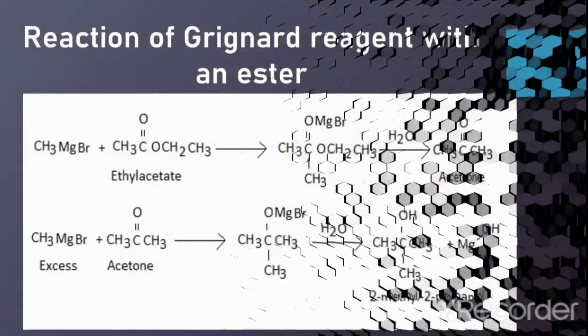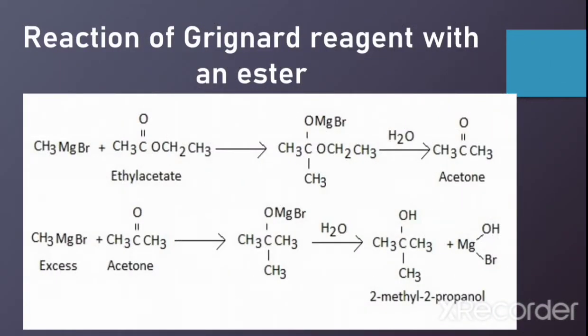So the next is the reaction of Grignard reagent with ester, and when it reacts with ester, it will form acetone. So when we have a limited amount of Grignard reagent, the final product is acetone.